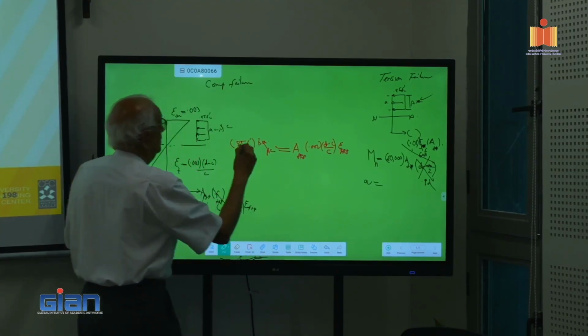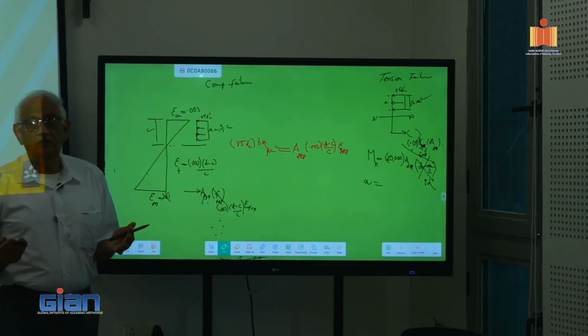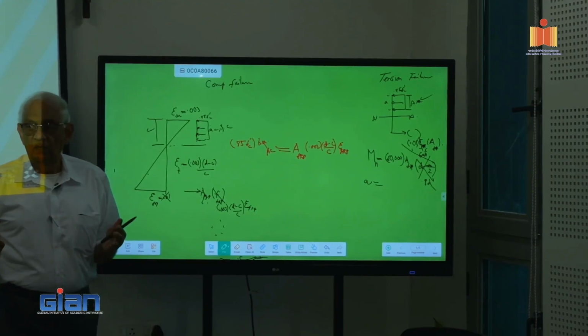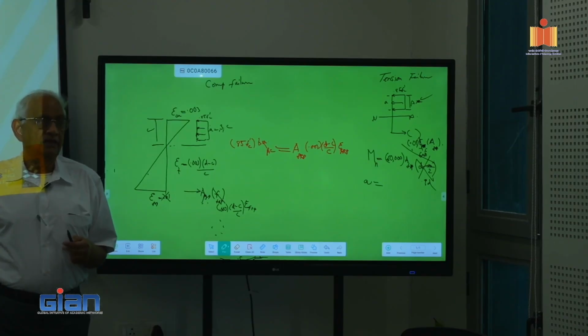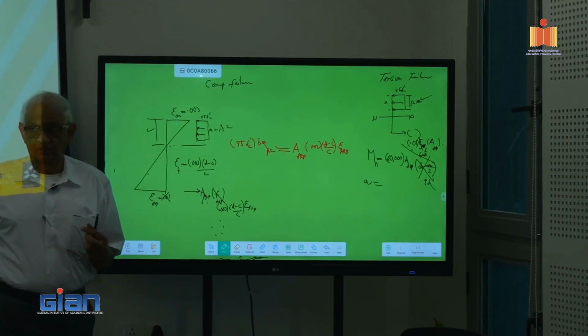So now with this equation, you are trying to solve for c, which is a quadratic equation. That is where you got that square root business and what have you.